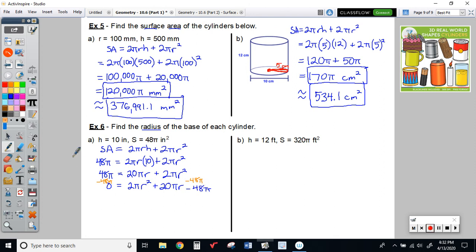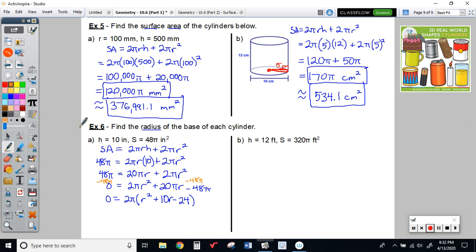So I'm going to do that in the next step. I've got 0 then would equal 2 pi times r squared plus 10 minus 24. So now that I've factored out 2 pi, this should be a lot easier to deal with. I forgot to write an r in there. There we go. So r squared plus 10r minus 24.